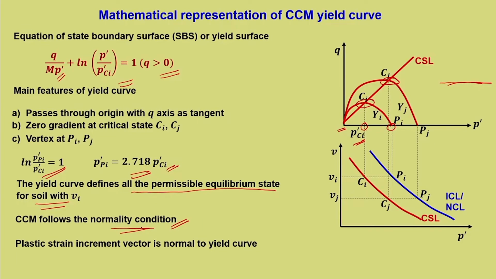So, what is meant by this? It means that the plastic strain incremental vector is normal to the yield curve. In the last lecture also we have seen that it is perpendicular. If I start discussing this, our designated portion is going to suffer, so I cannot get into the details of plastic behavior.